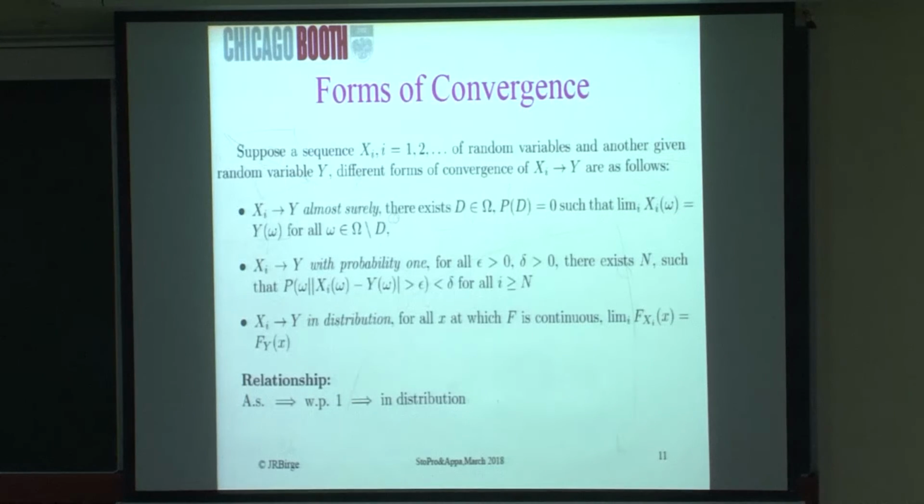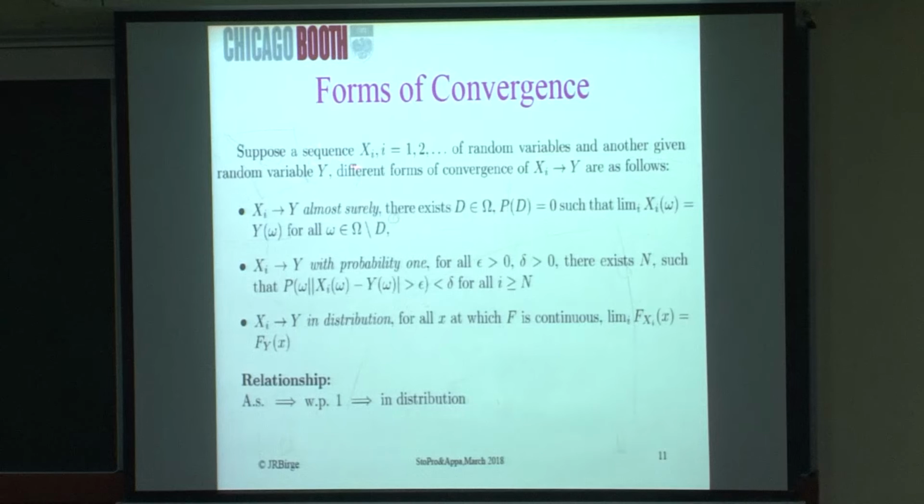Okay, I said I was going to mention different types of convergence. Often what we have is a sequence of random variables, and those are probably related, and they might just be a set of observations.